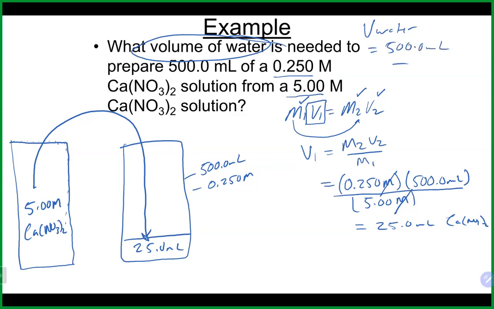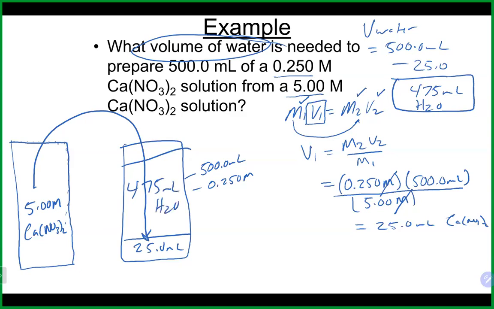We just put in there 25 milliliters of the actual solution, which means to get the rest, we need about 475 milliliters of water to be added. And then we will have our total volume of 500 milliliters.